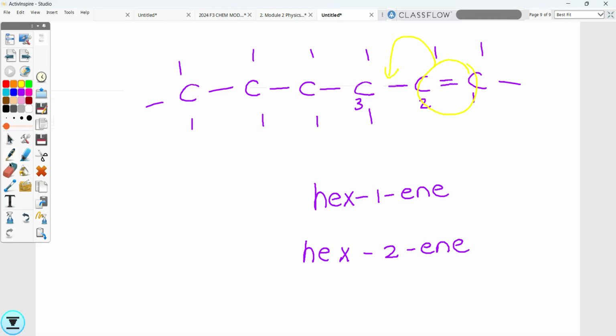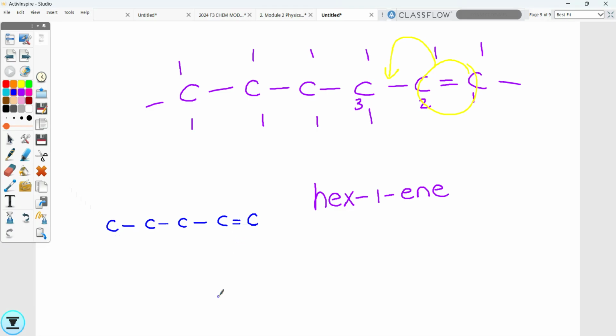So when it's a positional isomer, it just changes position. The functional group changes position. When it's a chain isomer, then, for example, one of the carbons would go and create a side chain. So then it must still be 1-ene. The 1-ene is going to stay there, but you're going to put a side chain on carbon 1, 2, 3, 4, for instance, or even 5.